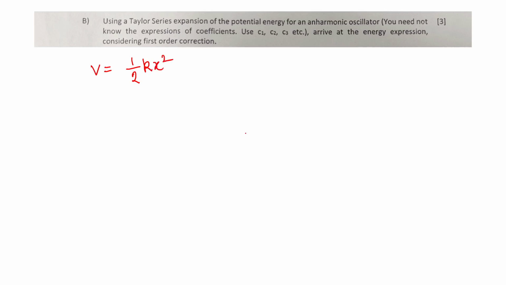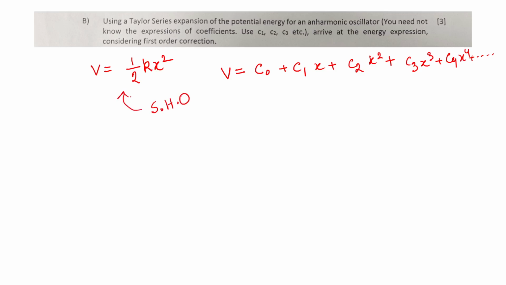If anyone asks me to write it in terms of a Taylor series, I can write it like C0 plus C1x plus C2 x square plus C3 x cube, C4 x to the power 4, and so on. For a simple harmonic oscillator, my C2 is k by 2.